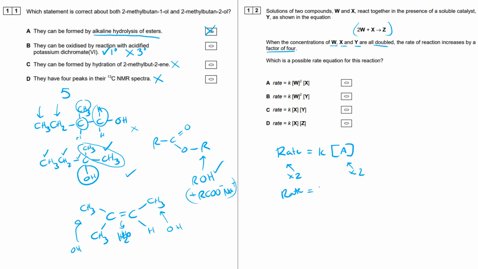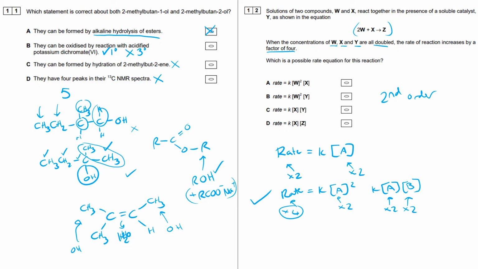If it was second order overall, so for example if it was A squared or A times B, if I double the concentration of A squared, that increased by 2, then the rate would increase by 2 squared or 4. So if it was second order overall, if you double the concentrations, then the rate will increase by 4 times. So it must be a second order reaction overall.